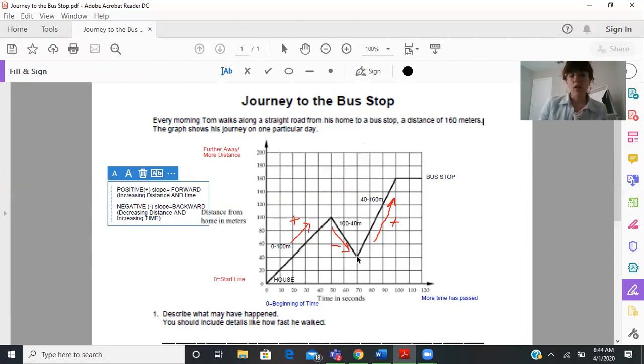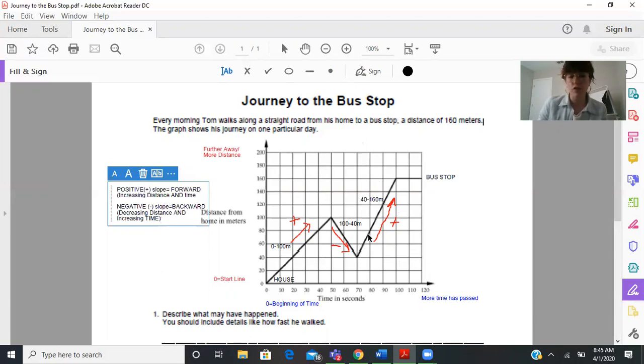And then he realized he was running late, so he walked a little bit faster to school and to the bus stop and then waited for the bus. I know that he is not moving here because the distance for 20 seconds, from 100 to 120 seconds, he is staying at 160 meters.